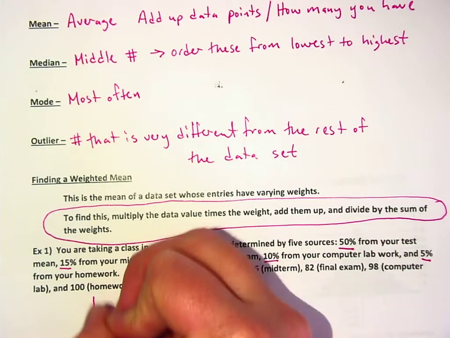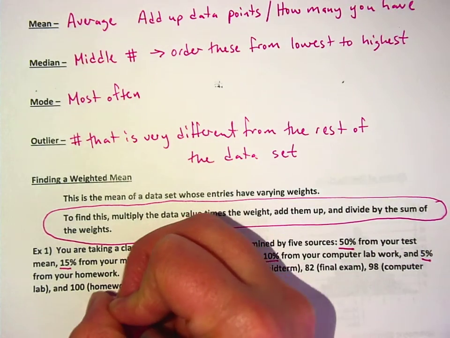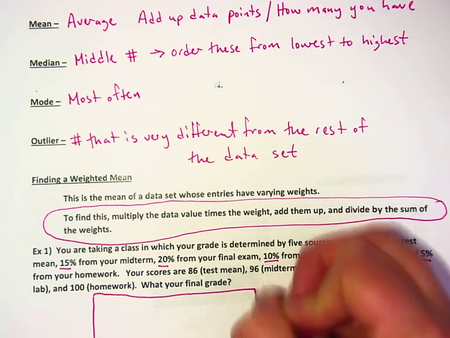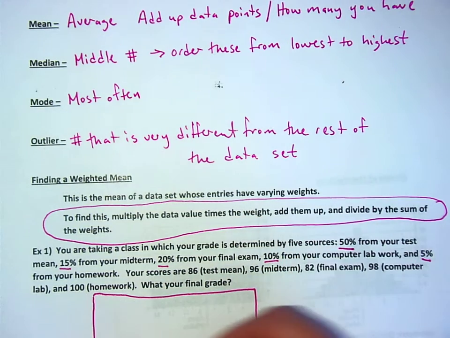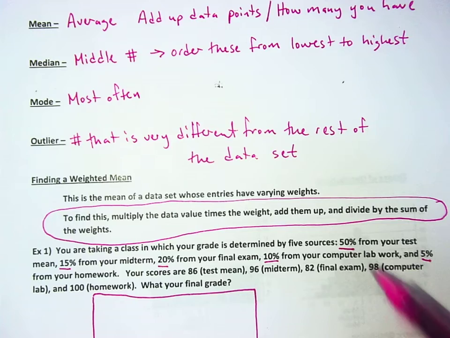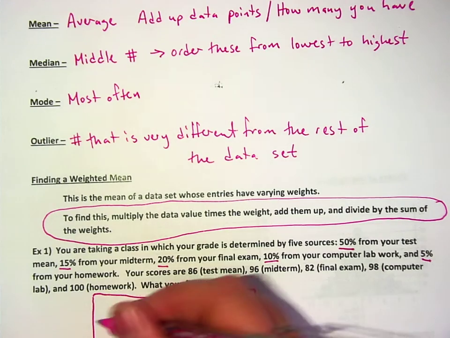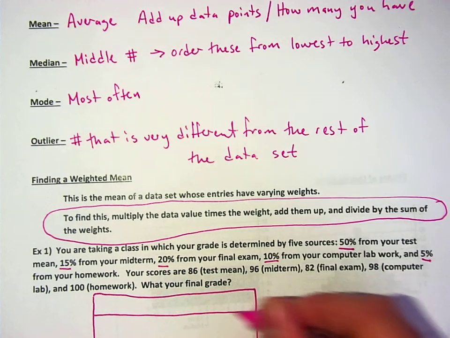So you basically make a tiny little chart here. See if I can get enough lines. 1, 2, 3, 4, 5.